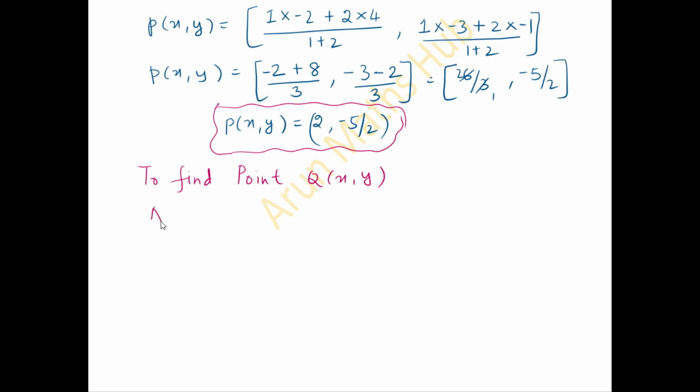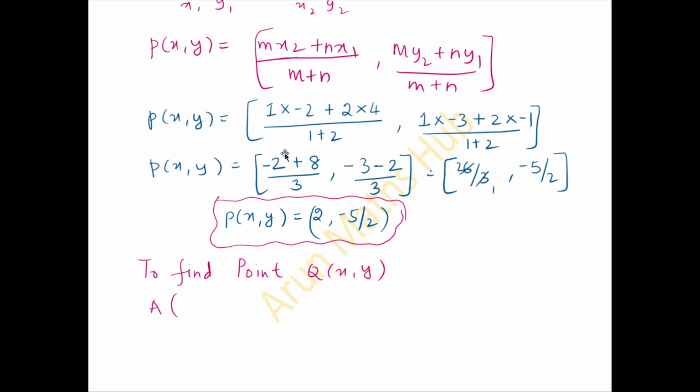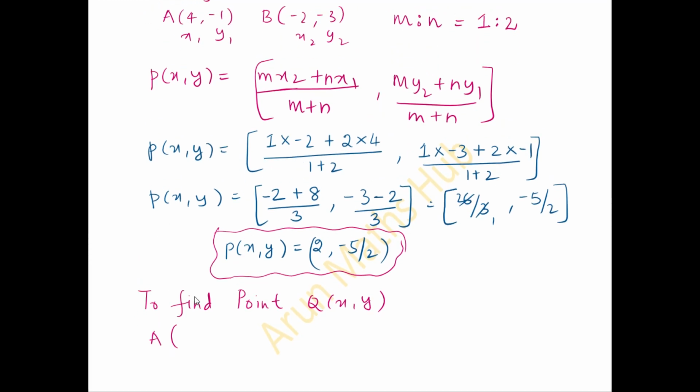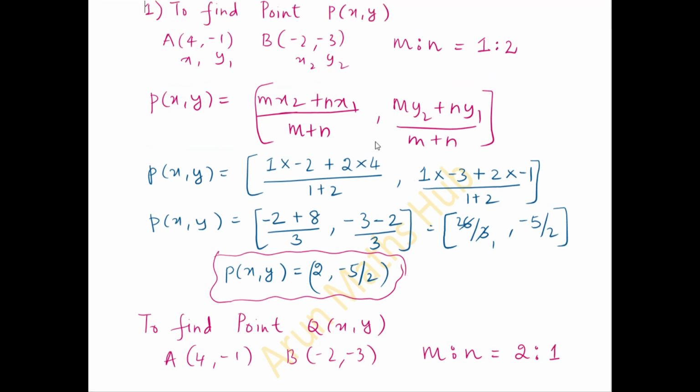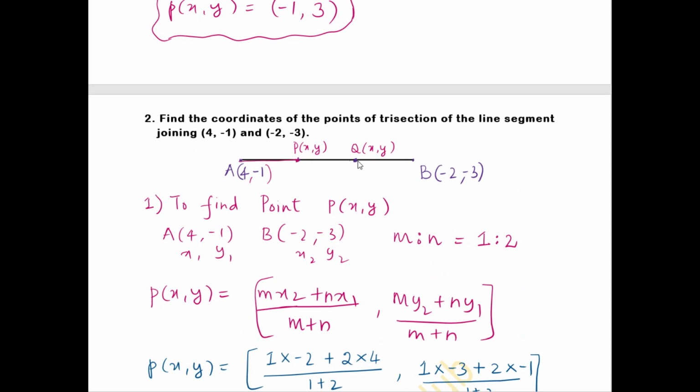The point A will be the same, that is 4, minus 1, and the point B is minus 2, minus 3, and the ratio m to n will be 2:1, because the point Q divides the line AB in the ratio 2:1.